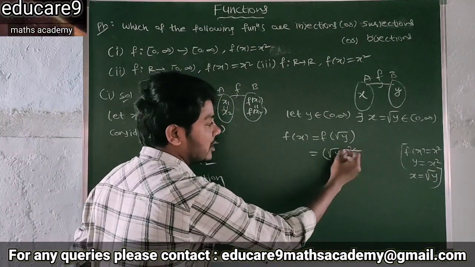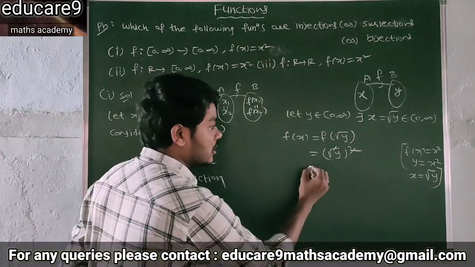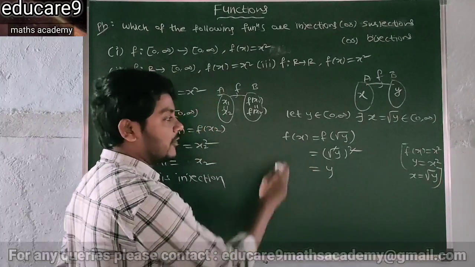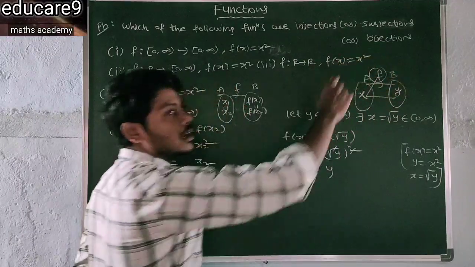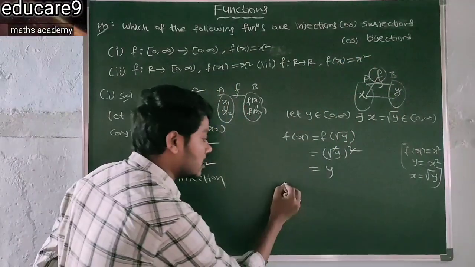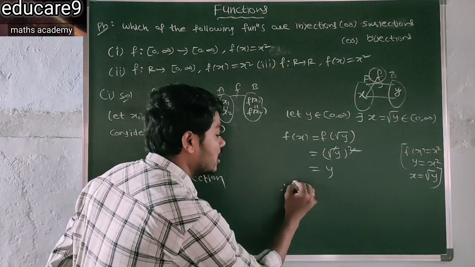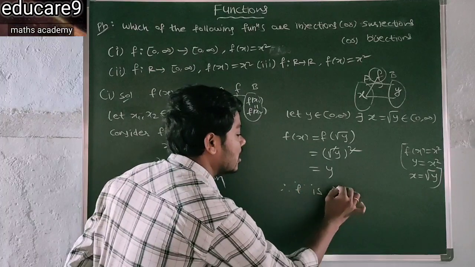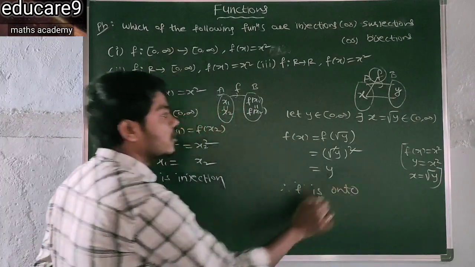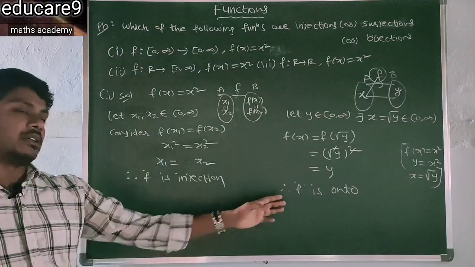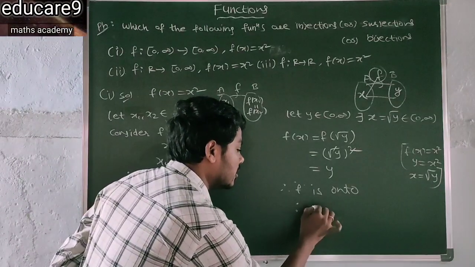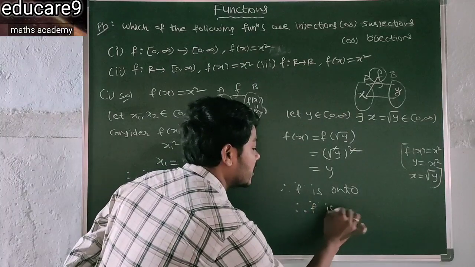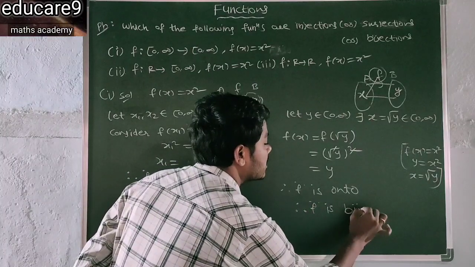So clearly the square and root get cancelled. You get y. f(x) is y, meaning f is onto function. Therefore f is onto. From both cases we can say that f is bijection.